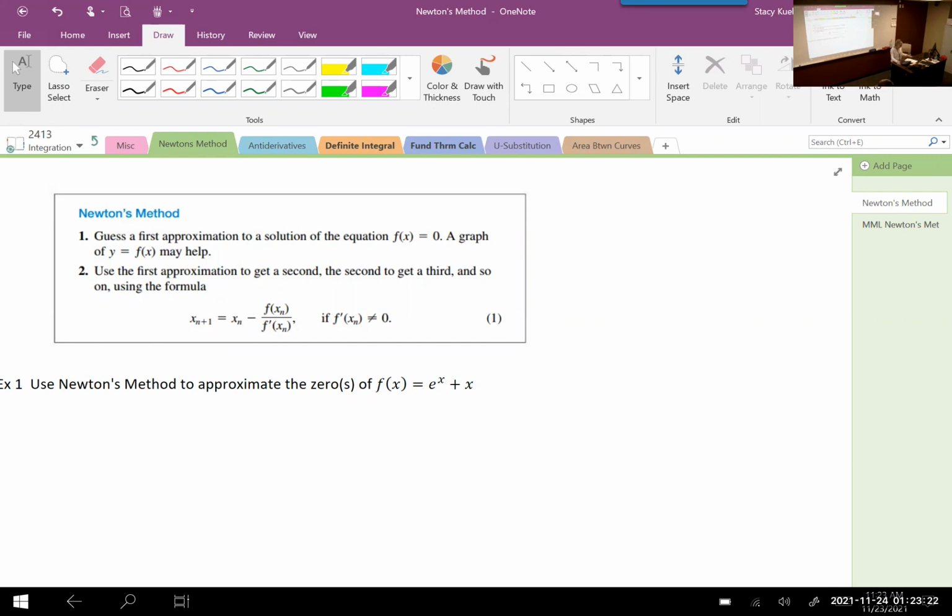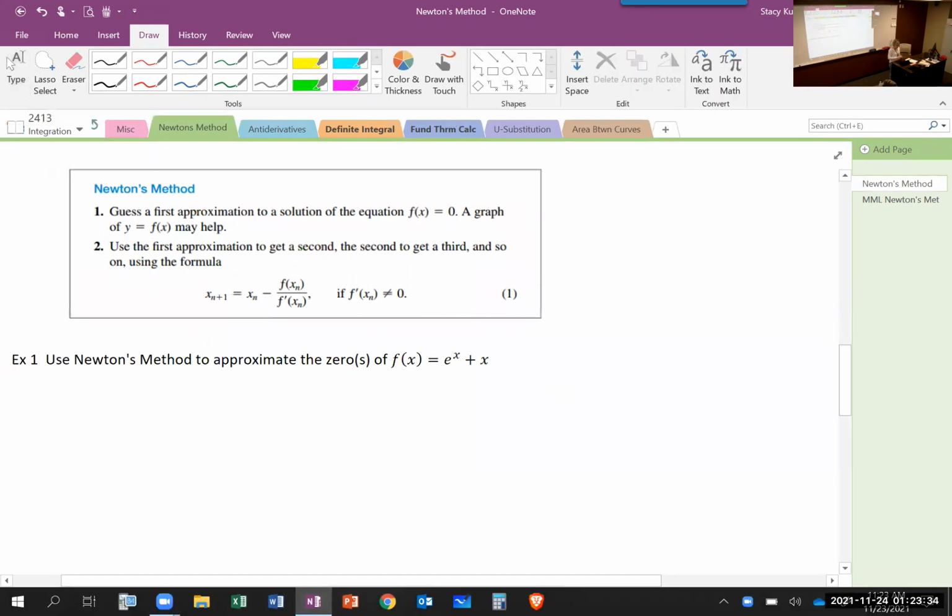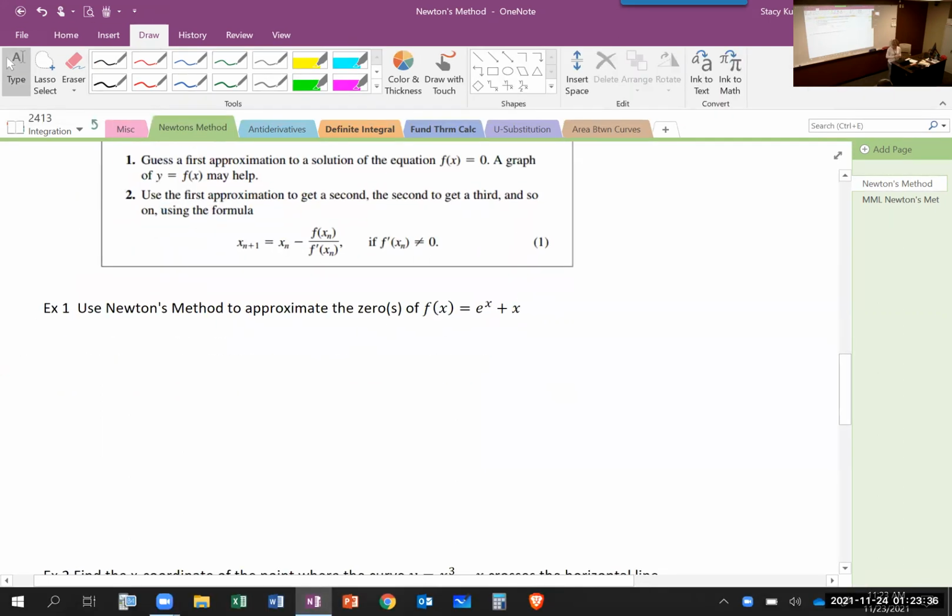Okay, so let's go through this. Y'all take your graphing calculators. Let's see what this function looks like. We want to use Newton's method to approximate the zeros for the function e to the x plus x.